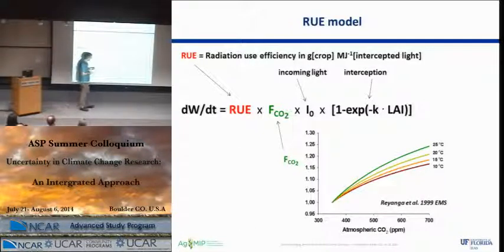where you can see that with increasing atmospheric CO2 concentration, you multiply something higher than 1, you basically increase the radiation use efficiency. For most crops, this factor, these manipulations also slightly changes with temperature. So if you're in a hotter environment, the radiation use efficiency would increase more compared to a cool environment.